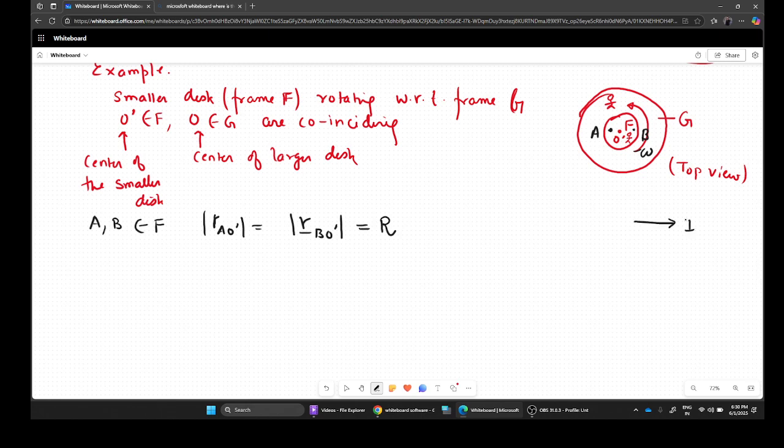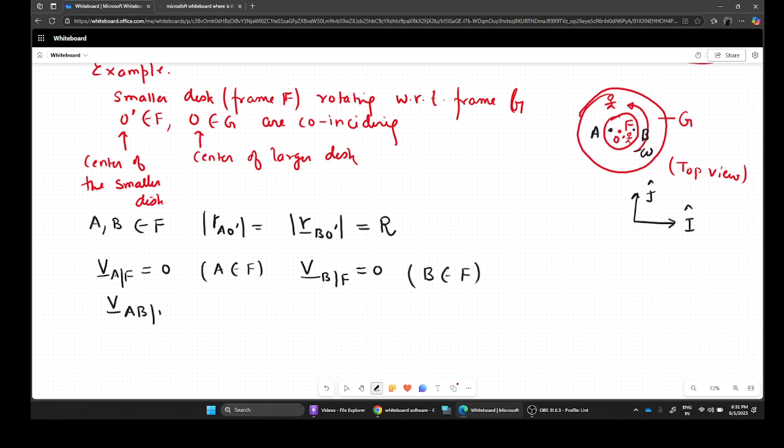Let's have two unit vectors so that I can express some vectors in terms of them. What is VAF? 0, because A is part of F. What is VBF? That is also 0 because B is fixed in F. And thus it follows that VABF will be VAF minus VBF, and that must be 0.